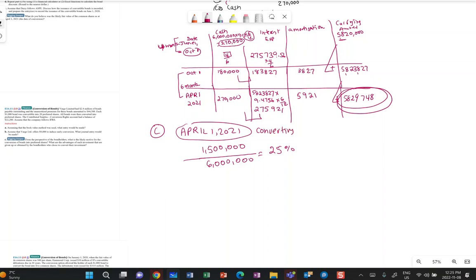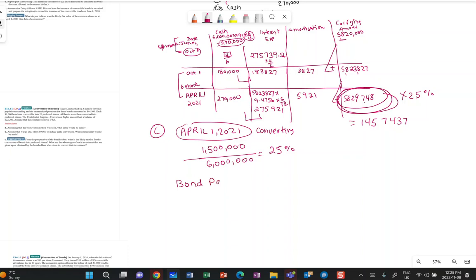First we need a carrying value. We already know the carrying value on April 1st, but we're not converting the whole thing, we are only converting 25%. If I take the carrying value and multiply by 25%, that gives me 1,457,437, which is the bond being converted.